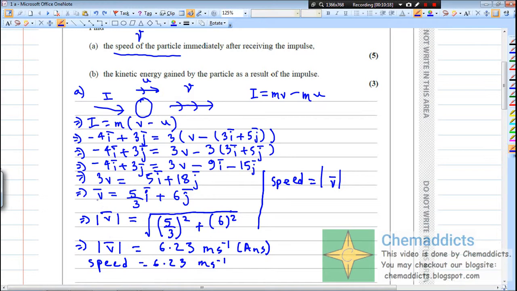So we have found the final velocity, then the magnitude of final velocity, which gives us the speed of that particle immediately after receiving the impulse. So it is the speed of that particle after receiving this much of impulse.